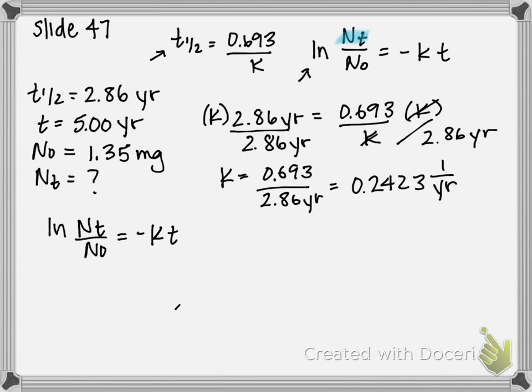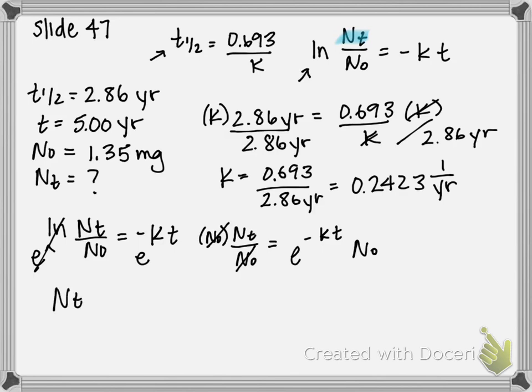So to get rid of a natural log, remember we take e to that power. So that cancels out our log. Whatever we do to one side, we do the other. So it becomes N sub T over N sub 0 is equal to e to the negative kt. And then we can multiply both sides by N subscript 0 to get N sub T completely isolated.